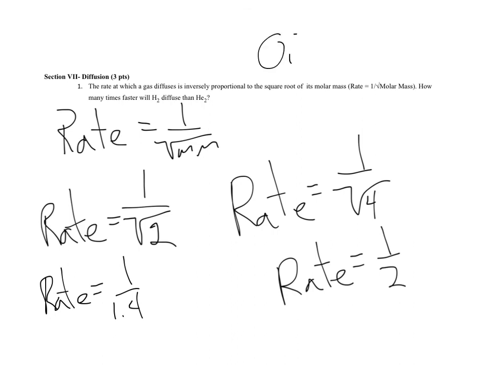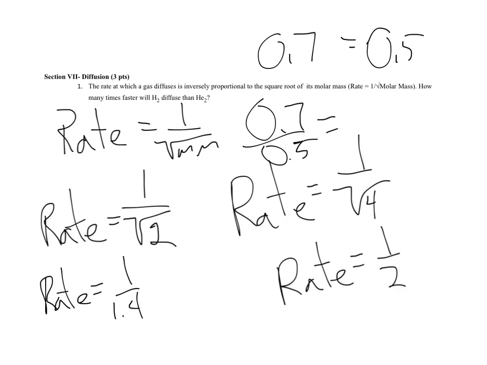That's 0.7. 1 divided by 2 is 0.5. So 0.7 divided by 0.5 equals 1.4. So the hydrogen will diffuse 1.4 times faster.